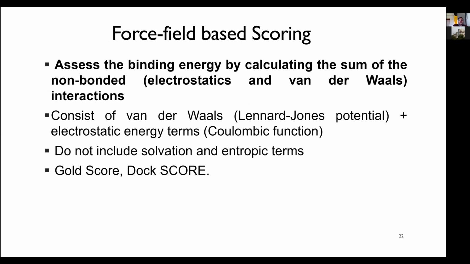One is van der Waals interactions, which is represented by the Lennard-Jones potential, and the other is electrostatic interaction, which is represented by Coulombic functions. But force field based scoring functions do not consider solvation or entropic terms. This is one of the limitations of the force field based scoring function. Examples are GoldScore and DOCKScore.